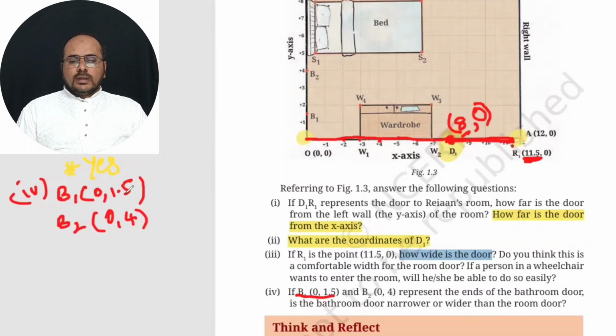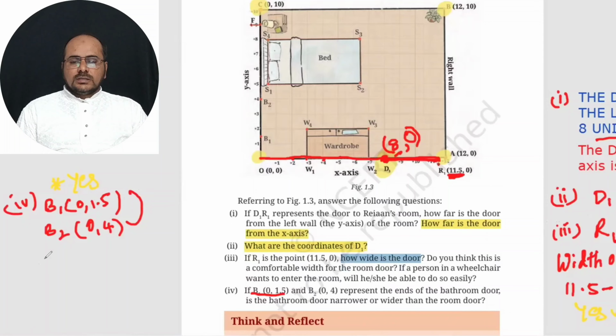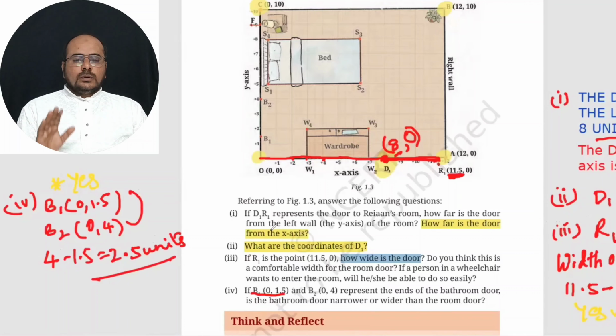It's very simple to recognize. First of all, you subtract these ordinates: 4 minus 1.5 is equal to 2.5 units. Here we got the width of the bathroom door as 2.5 units.